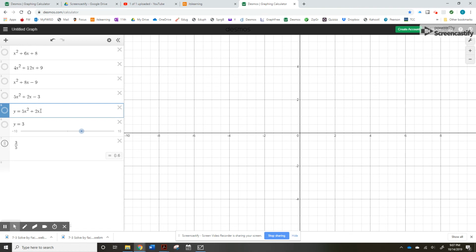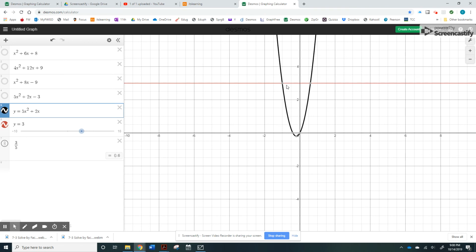Turn this one on and turn this one on. And where do they intersect? They intersect where the x value is -1 and where the x value is 0.6.